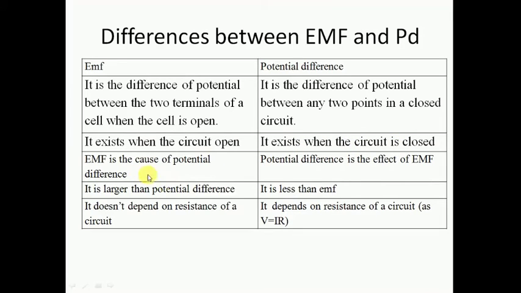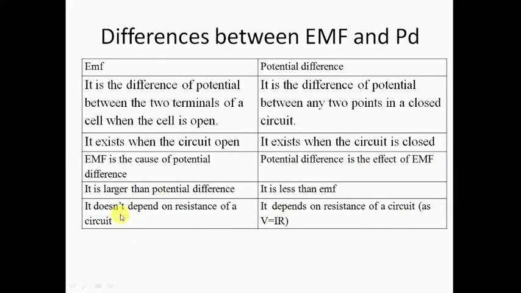So EMF is the cause of potential difference. We call EMF the cause and potential difference the effect. EMF is always larger than potential difference, and potential difference is less than EMF. EMF does not depend on the resistance of the circuit.